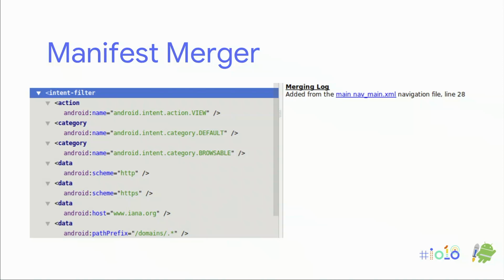Of course, we do things where this is all action view URLs, as they would be for web URLs. So you can see it's added directly to the line. And if you have multiple of them, it'll actually tell you exactly what line. If you have multiple graphs associated with different activities, those will all work just fine.